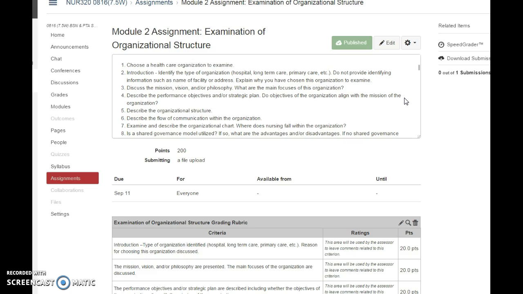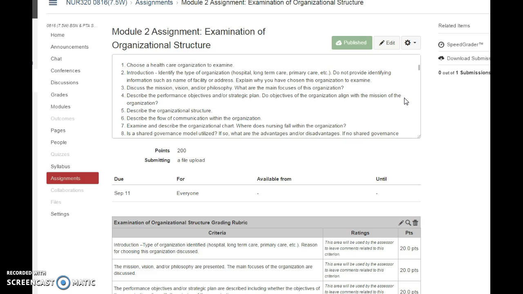When you ask them if you could meet with them, I would definitely have my questions all laid out and ready to go. So an example might be, you've already looked up the mission on the internet or have some information. So then you might ask them, how do you see this mission taking place on the floor? Or what is the vision for nursing, or that type of thing.